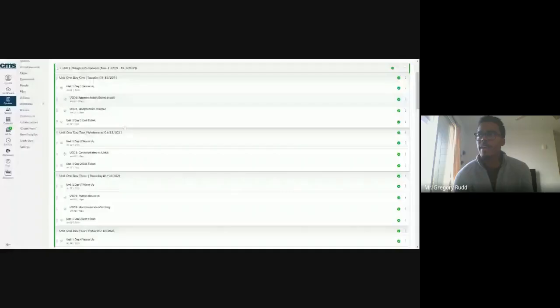So, oops. Something happened. 1 second. So if you're in Canvas, and I'm waiting for my screen to share, for some reason it stopped sharing. If you're in Canvas, you should be in our Unit 1 module.